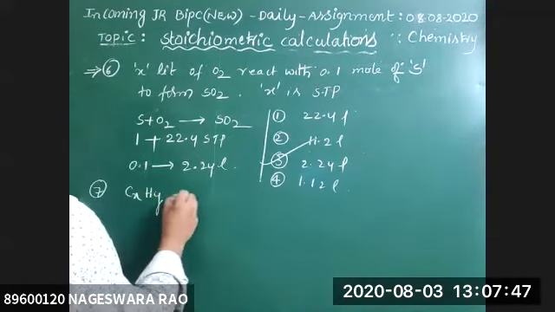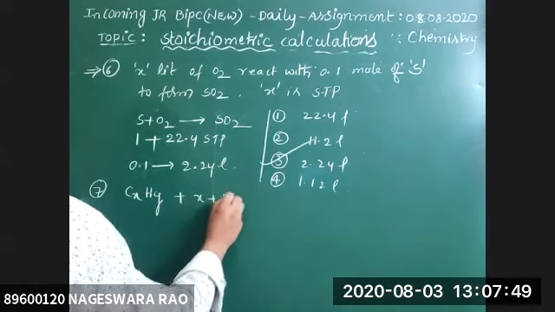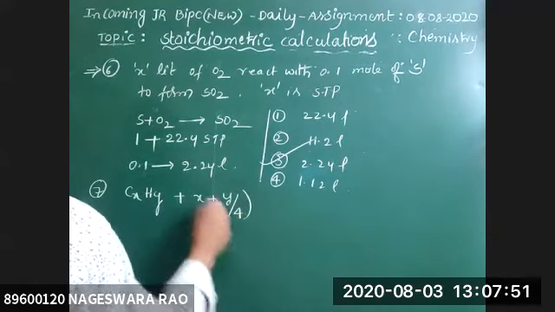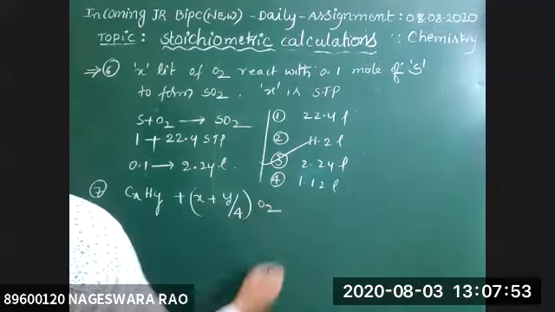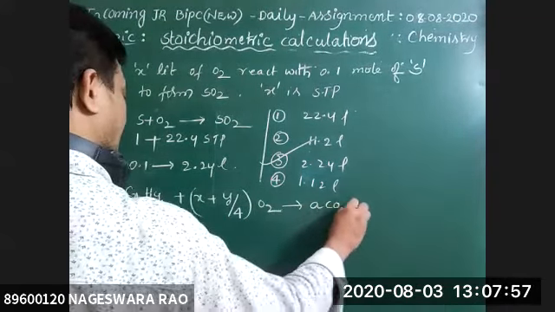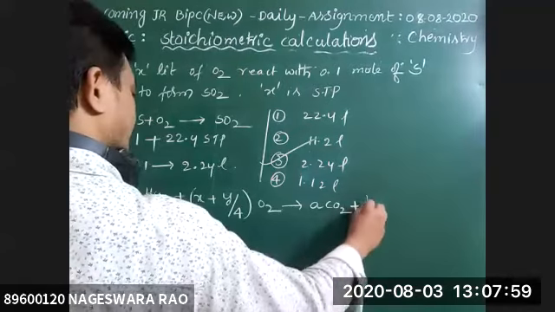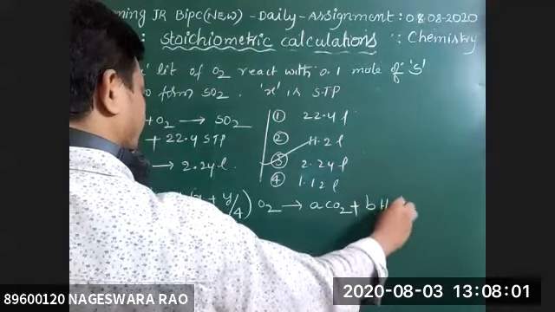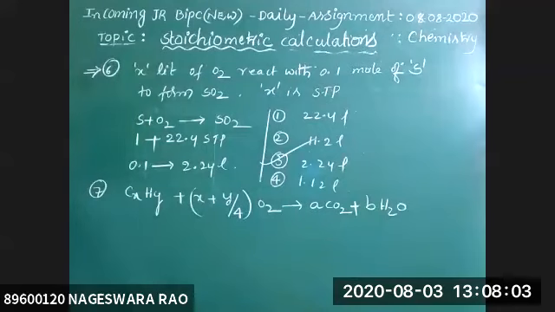CxHy plus (x plus y by 4) O2 gives rise to aCO2 plus bH2O. So a and b are here.